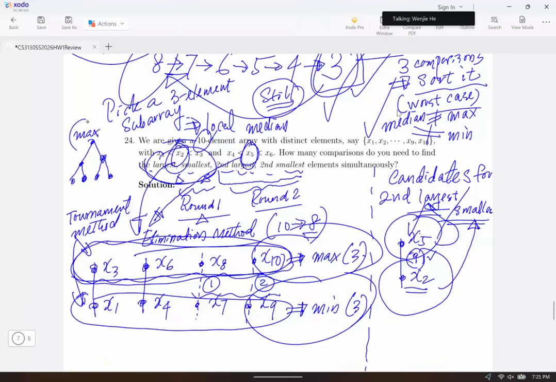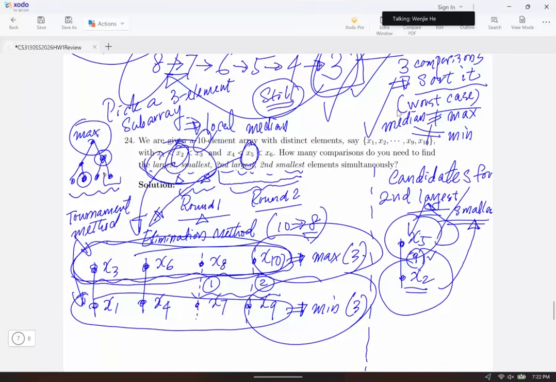You take it away. After you take the max away, let's look at the candidates in this winners group from the first round. What are the candidates? Suppose this is the max; the direct losers of that max.